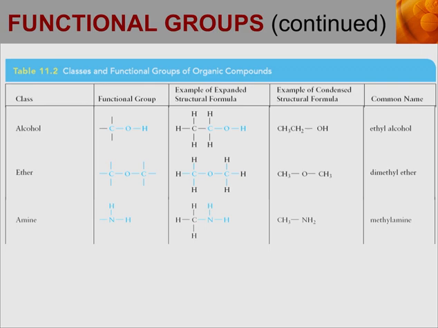We already talked about alcohols. So you've got this OH group coming off of a carbon chain, for example. And if we look at this molecule here, that's called ethyl alcohol, or another name is ethanol. And that's what's in, for instance, gasoline or alcoholic beverages. There's only two carbons and then an OH group there.